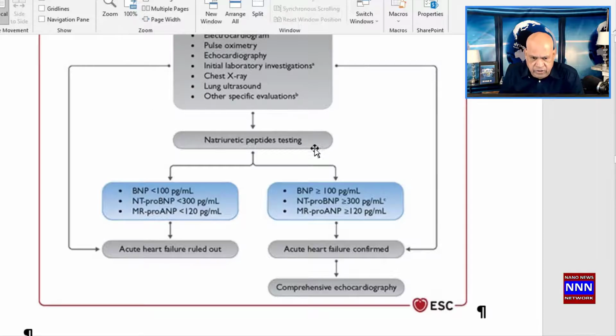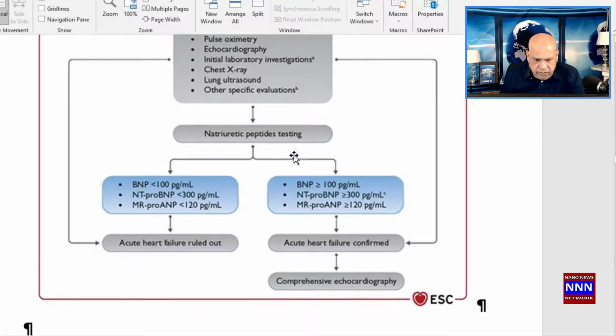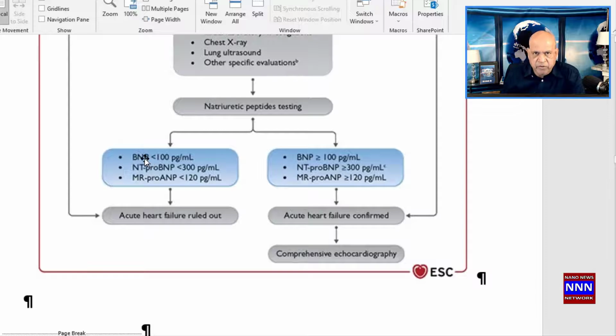Once we have done these things, the deciding factor would be the natriuretic peptide testing. There are three different varieties available: BNP, which most of you are familiar with, and there is also a pro-BNP. Then we have the MR-pro-ANP. If the BNP is less than 100 picograms per ml, it is highly unlikely that you're dealing with an acute heart failure or pulmonary edema due to left ventricular failure.